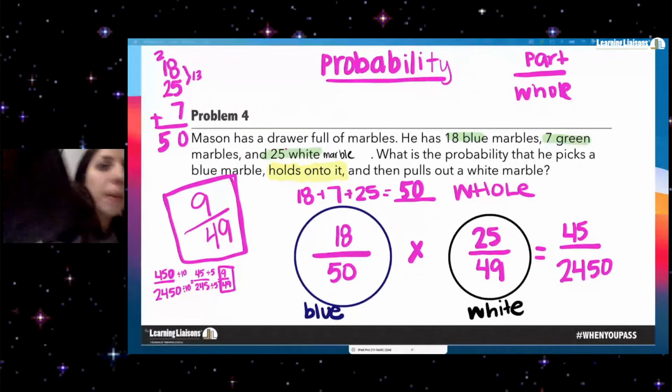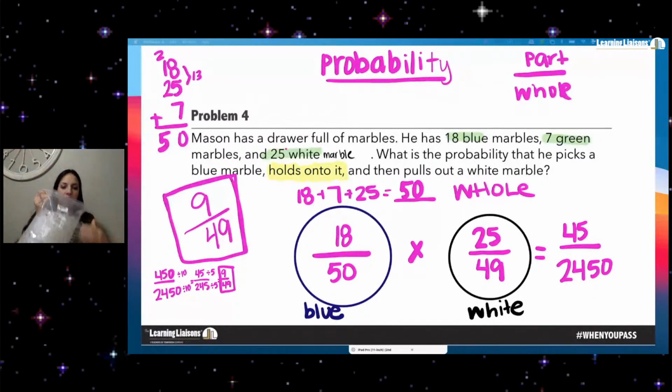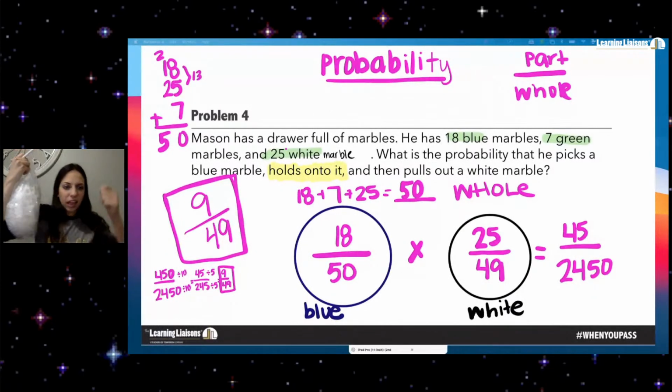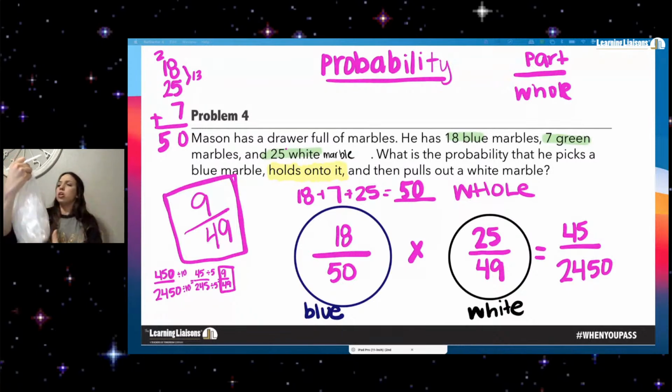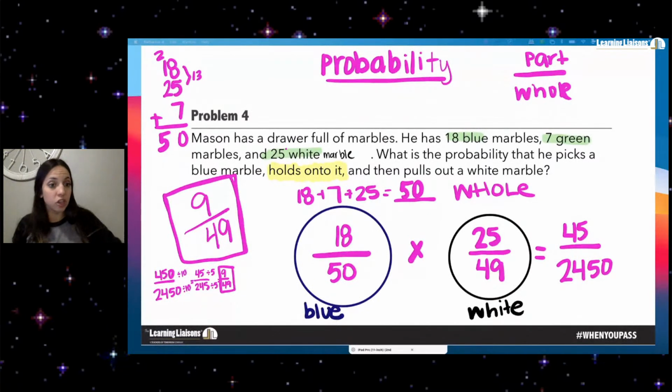For instance, my husband has this bag of light clippies that you clip onto the house. We'll say there's 100 in here. Now, let's pretend these are marbles and they're all different colors. I'm going to close my eyes and I'm going to pull it out. And I got this one.